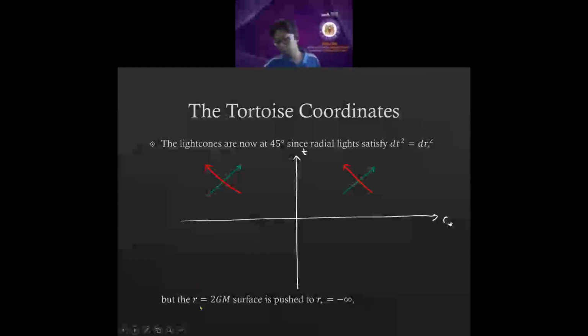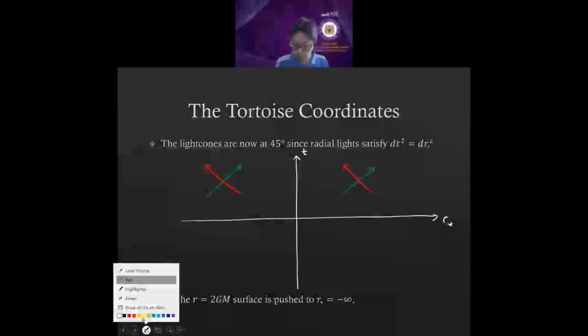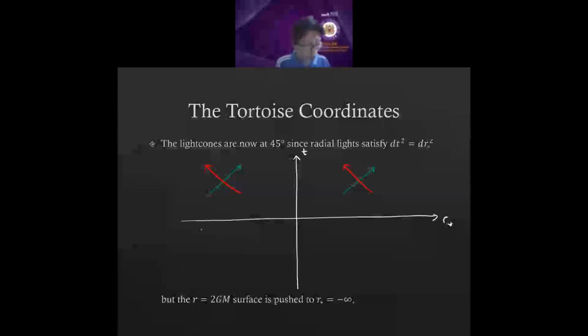Because what we did is really just push away that problematic surface, r equals 2GM, to r star equals minus infinity. In other words, what we have here is r approaches 2GM as r star approaches minus infinity to the left.